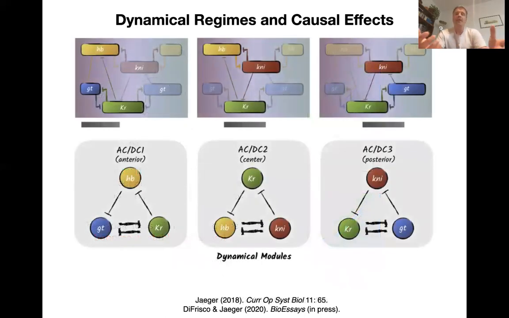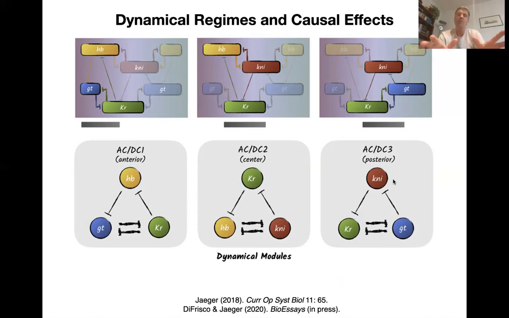If you put that in a more realistic example, the example of the gap gene system that we looked at last time, if you have a factor, let's say Krüppel, that is involved in all three different AC/DC circuits, if you mutate Krüppel, the effects that it will have on the circuit that is in a switching-like dynamical regime will be very different from the effect it will have on the circuit that is in the oscillating regime here.